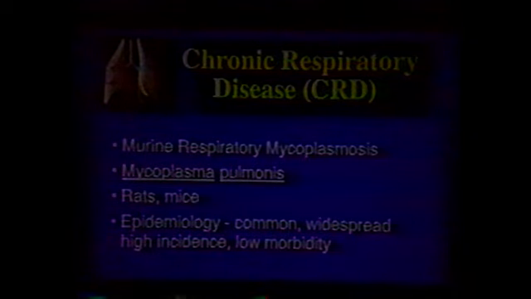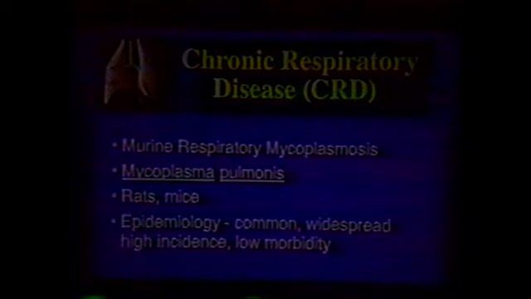It's common, it's widespread, and it's a serious problem, right? There is often a very high incidence, but a low morbidity. But the mortality is cumulative. This is a disease in which it's subclinical, subclinical, subclinical, and then pretty soon you start seeing some photophobia and maybe some upper respiratory signs, and you get a sense that maybe you've got a problem.